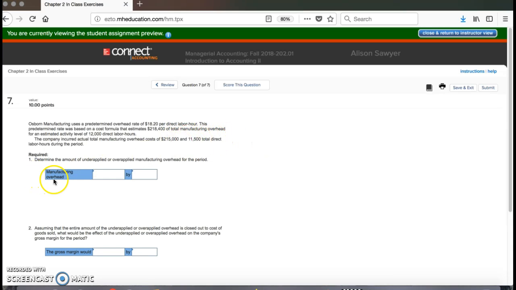So we have to figure out our under-applied or over-applied manufacturing overhead for the period. Okay, so what information do we have? So we know that Osborne Manufacturing uses a predetermined overhead rate of $18.20 per direct labor hour.